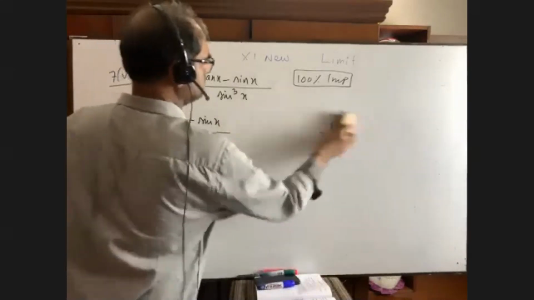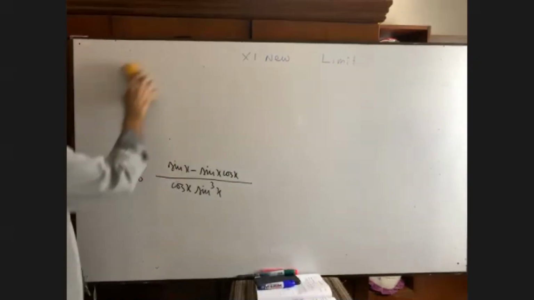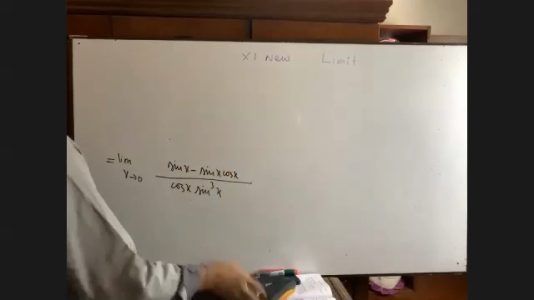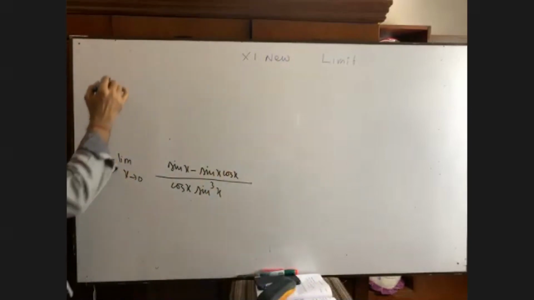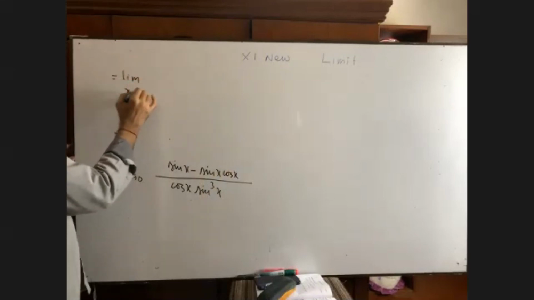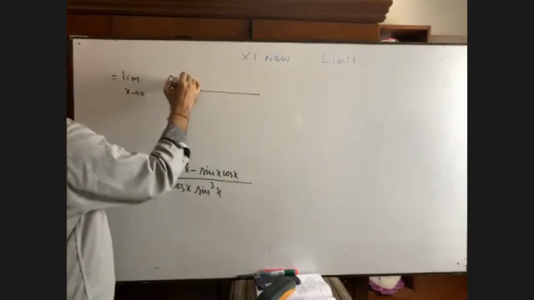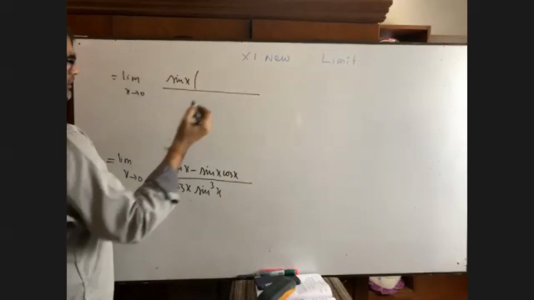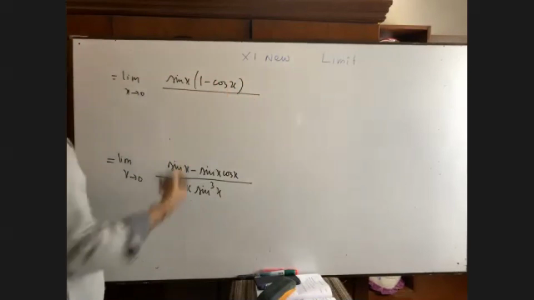Yes, sir. Then what should we do? What can be done here? Take sin x common. Yes, you are absolutely right. I am taking sin x common so that I can get a formula in the first bracket.